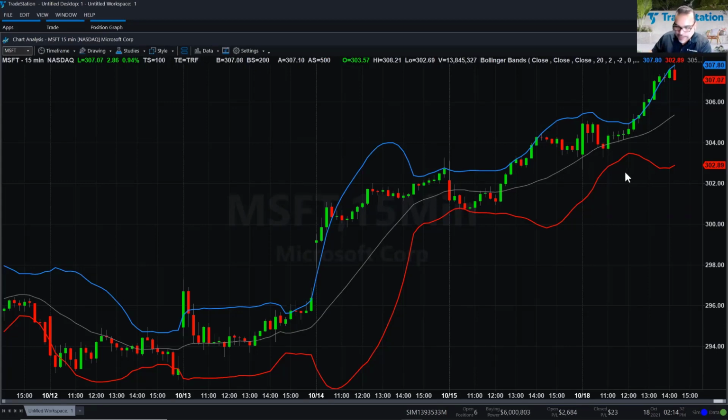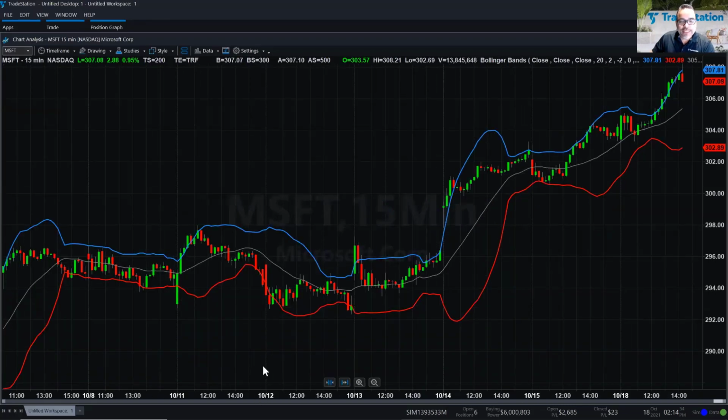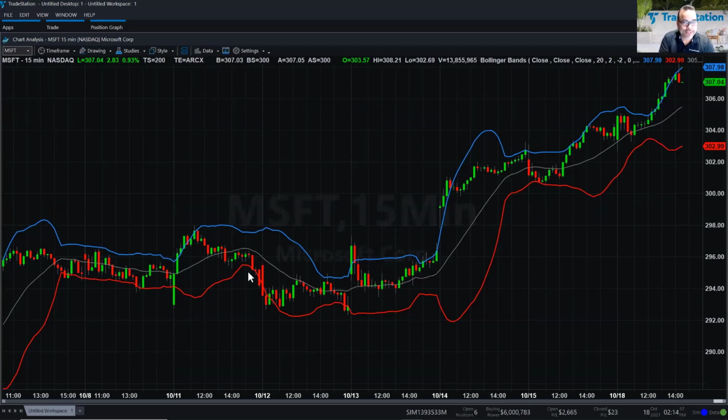I'm going to squeeze my chart a little bit here so you can see other areas where the trade would have been generated. Everybody sees right here on the bottom side, we have the red band of the Bollinger Band. When the candles are below the band, again, we are overextended. The price has reached an extreme on the downside, and shouldn't be there for long under that red line, because we said 95% of the data points are going to be inside the 2 bands.